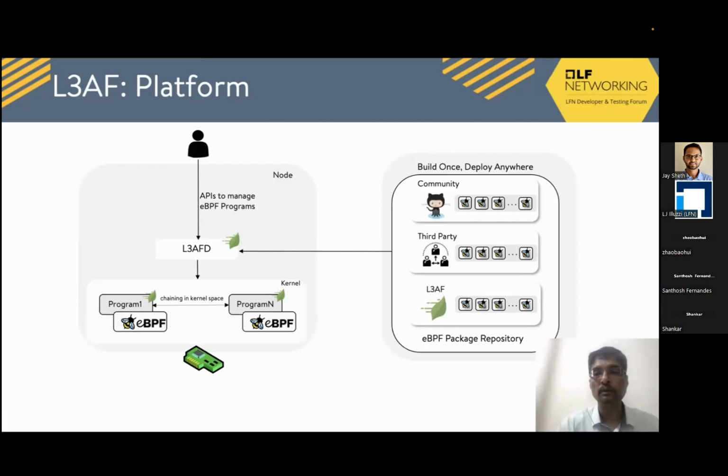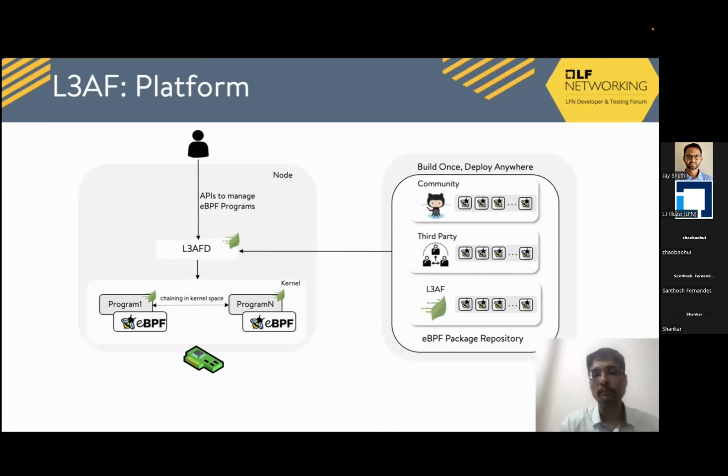When a user wants to deploy an eBPF program, he can call a Leaf-D API to provide the configuration data. Once Leaf-D reads this new config, it orchestrates the eBPF program on that Linux host as per the defined parameters. If the user gives a set of eBPF programs, then Leaf-D can orchestrate all of them in the same sequence that the user wanted.